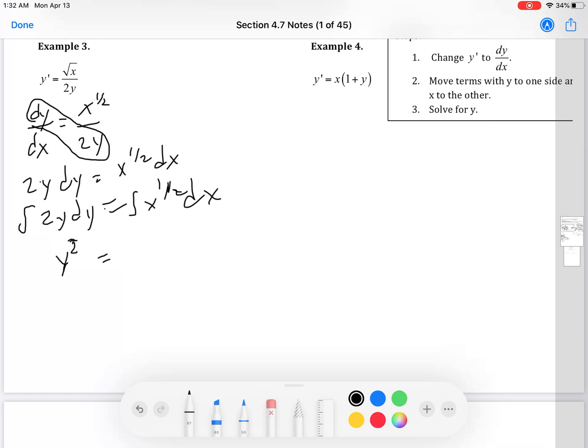And on this side, I get an x to the 3/2. My coefficient was originally 1, so this is where we may want to think about what the reciprocal of 3/2 is. And we get that plus c. So that's pretty nice.